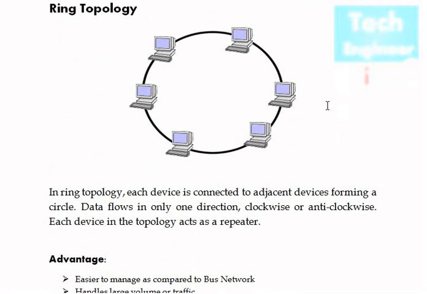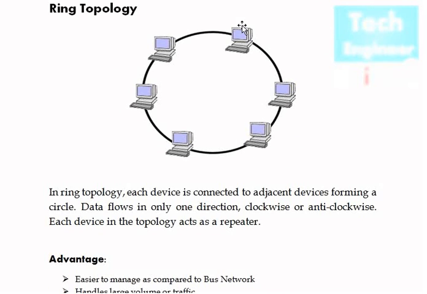For example, if this computer stops working, then we might travel anti-clockwise, but the packet circulation will not happen.